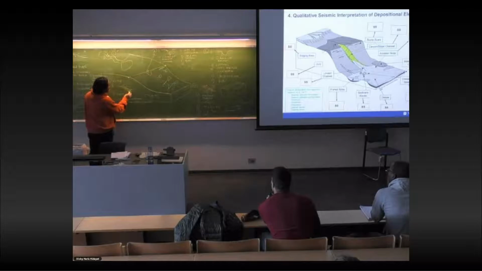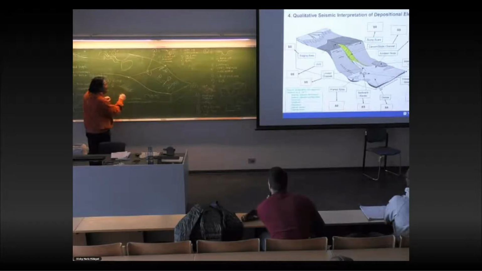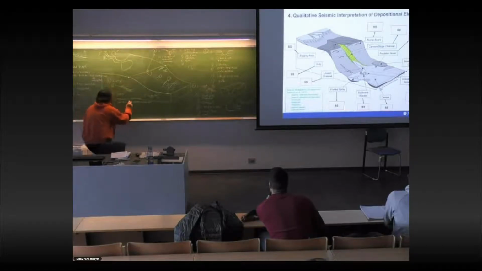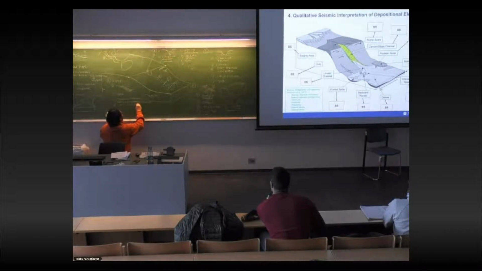For this lower part, maybe you can have quite high amplitude, but in the upper part maybe it's really low amplitude. So number 4, we can say this is from low to high amplitude.